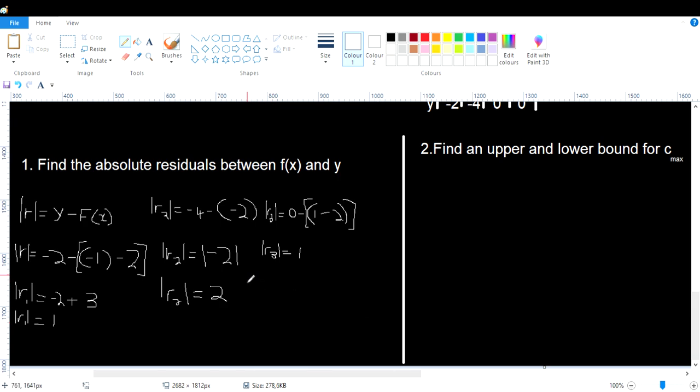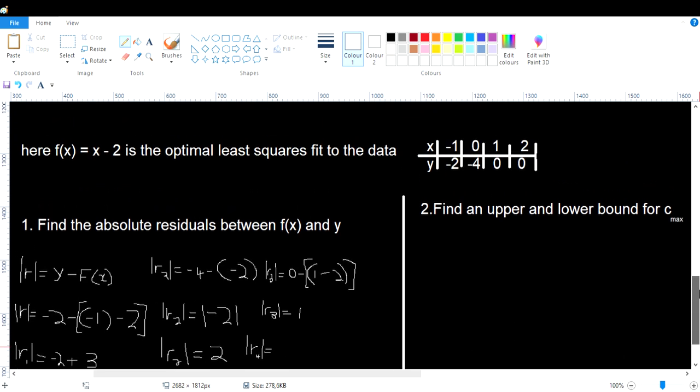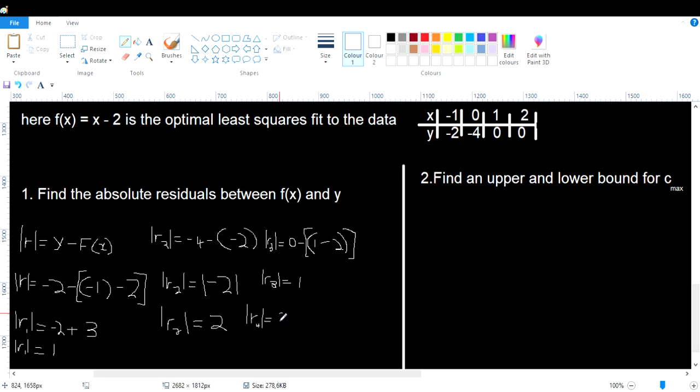Let's find the fourth residual. Then substitute 2 here, so it's 2 minus 2.